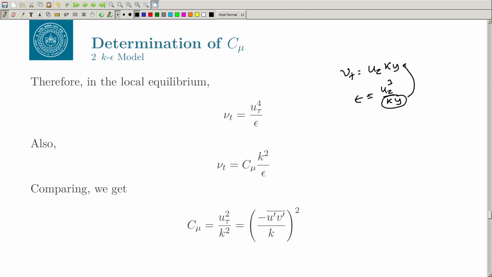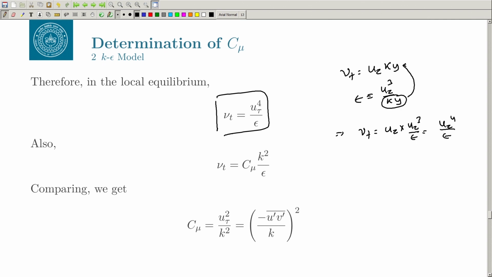So, you can combine these two, so that will become nu t equal to u tau into u tau cubed by epsilon, this will become u tau to the 4 by epsilon, right. So, this is your nu t by going by the argument of the log layer and the constant stress layer, okay.